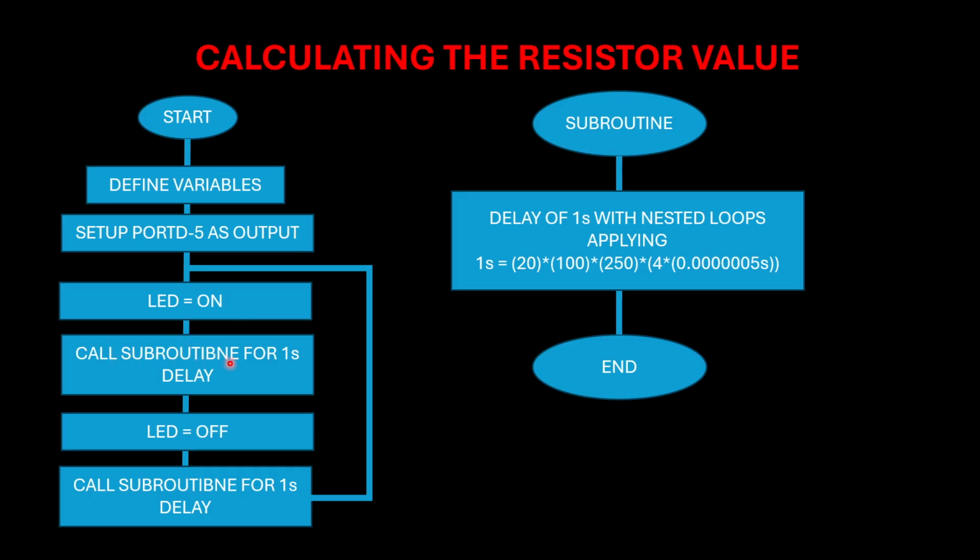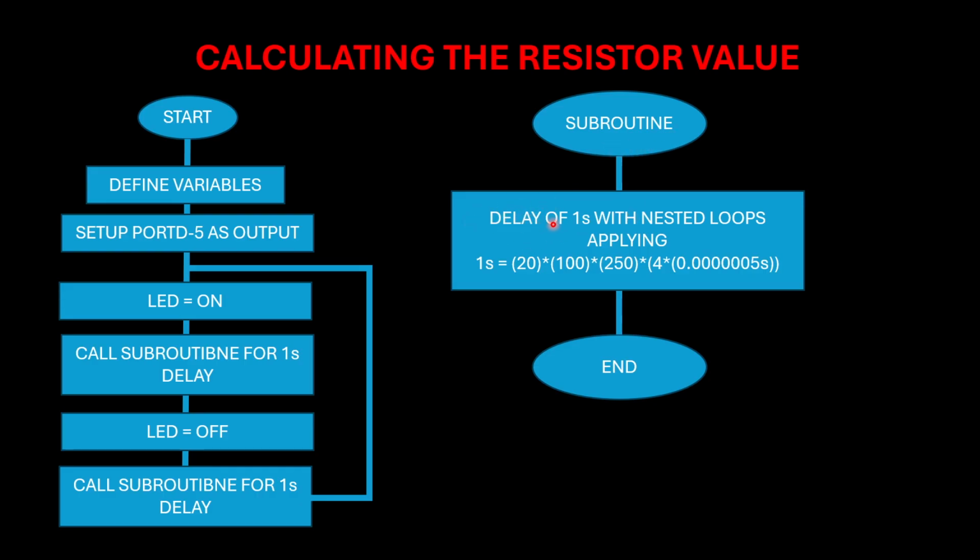We will call the subroutine for 1 second delay. We are going to turn off the LED, and then call the subroutine for 1 second delay again. After this, it will be an infinite loop, and it will make our LED be on and off for 1 second.